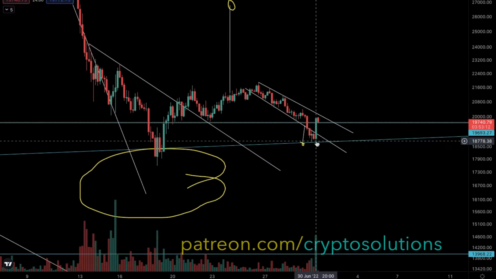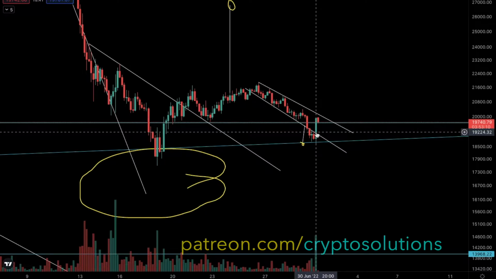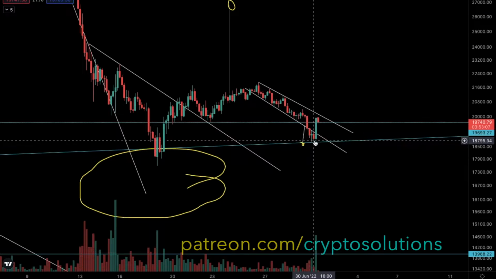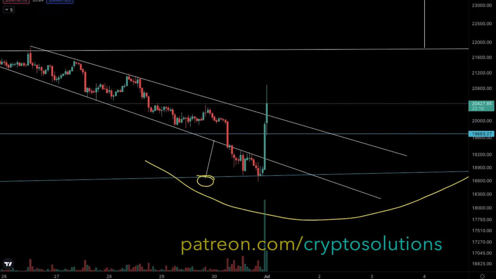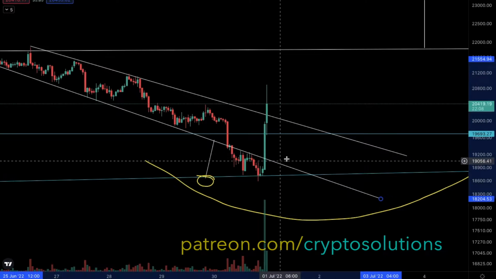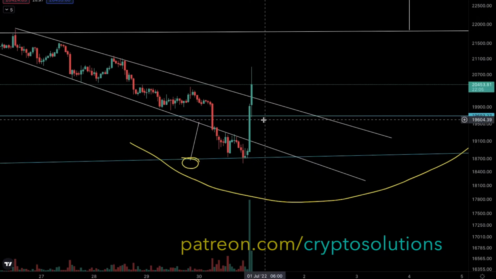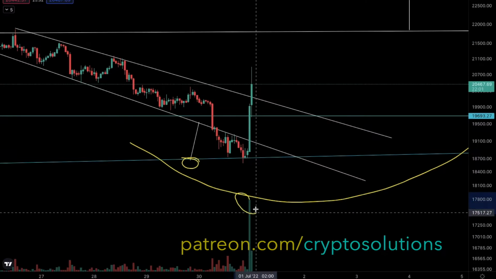This was in the last hour. This is a 4-hour time frame, and I was watching that 4-hour time frame pump. Look at this, guys. Exactly. That's just so beautiful. Look at that. Boom.